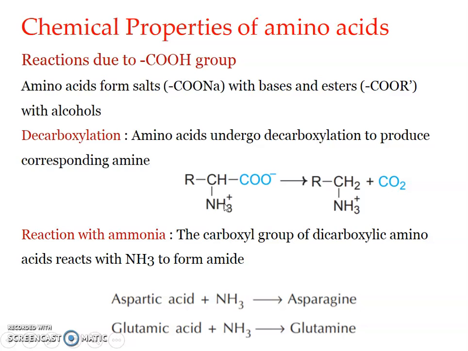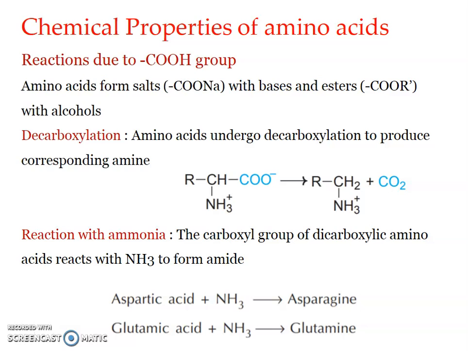This reaction is significant in living cells because it can result in the formation of biologically important amines. For example, histamine is produced, as the name indicates, from histidine by the decarboxylation process.